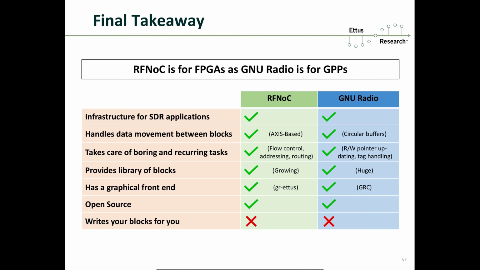With rfnoc, you'll still need to go into the FPGA and write your FPGA code, just as with GNU Radio you'll need to do your implementation in software in C++ or Python. But they do make it easier, faster, less error prone, and also allow you to create designs that are more reusable and more composable than in the past. And now with rfnoc 4, this is better than ever.